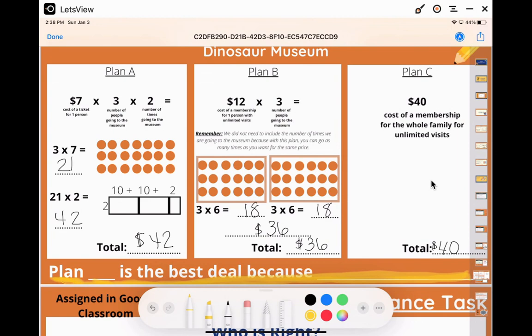And so the best deal here is Plan B. And Plan B is the best deal because it is the cheapest, or it costs the least amount of money for the entire family to go 2 times. Great job, guys.